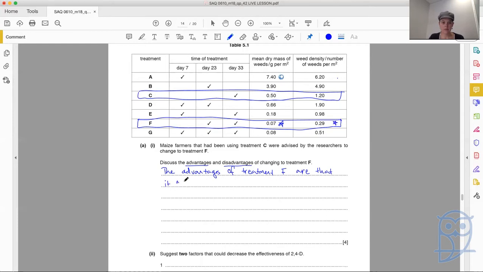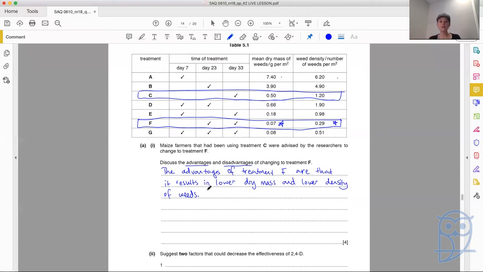It results in lower dry mass and lower density of weeds. Why is this important? Okay, why do we want less weeds?